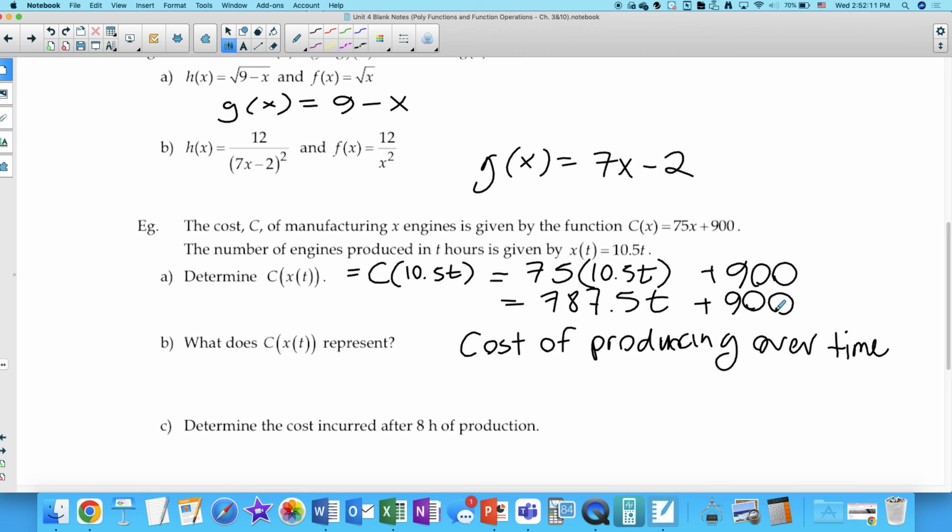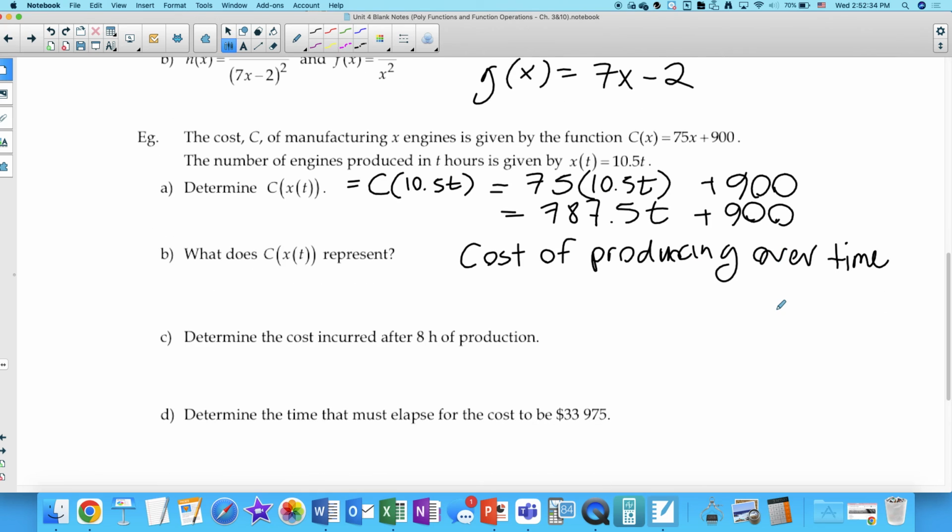Okay, so it looks to me like it costs $787.5 per hour to produce, plus this 900, which is some sort of fixed cost. All right, so determine the cost incurred after 8 hours of production. Now that we have a connection between the cost and the time, we can just substitute 8 hours into our composite function.